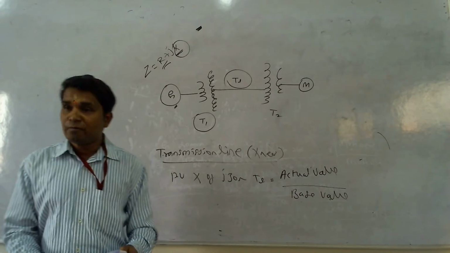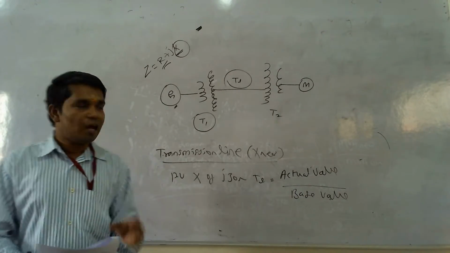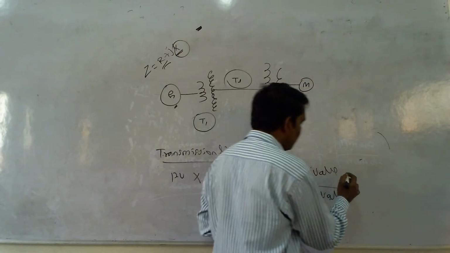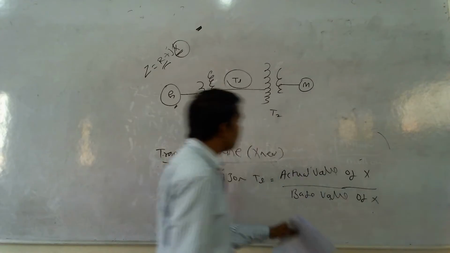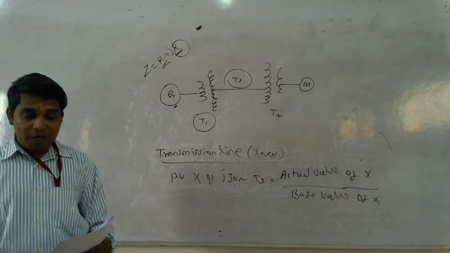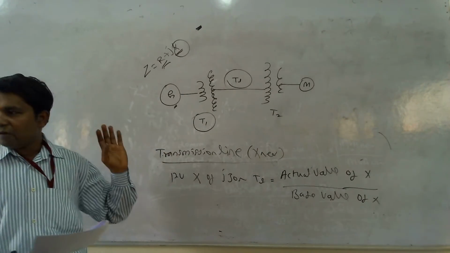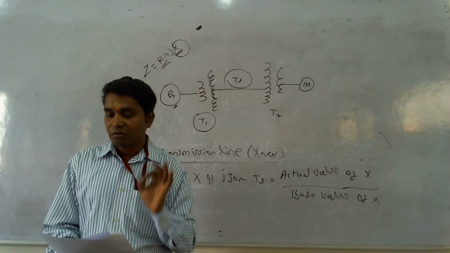Then what about the base value? The base value is not given. The actual value of the reactance is given, and the base value of reactance for the transmission line is not.